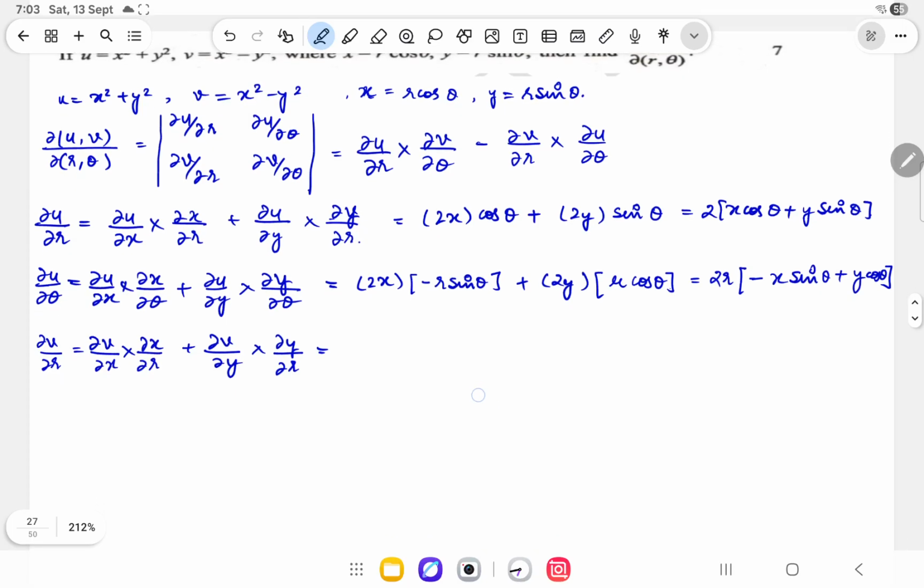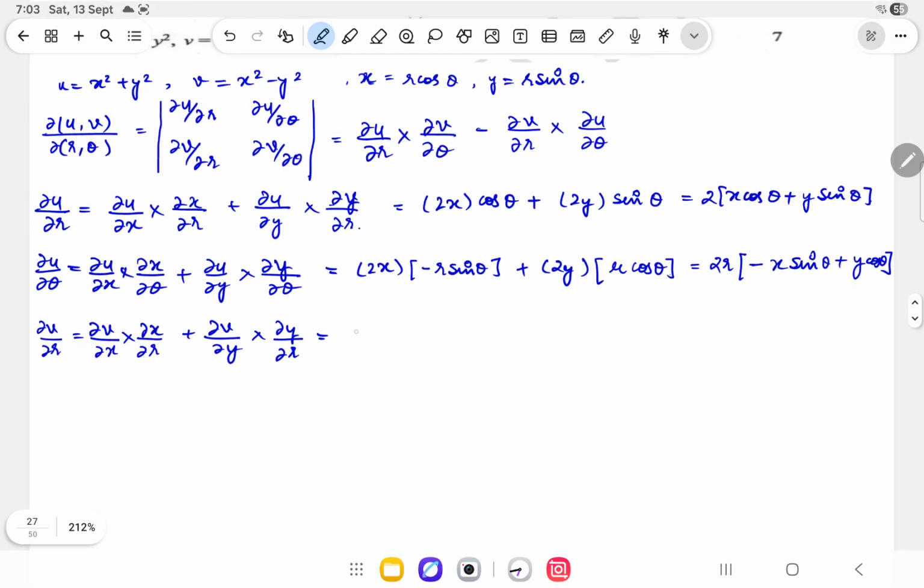So this is equal to del v by del x, which is 2x, and del x by del r is cos theta, plus del v by del y, which is minus 2y, and del y by del r is sin theta. So this is equal to 2 times x cos theta minus y sin theta.